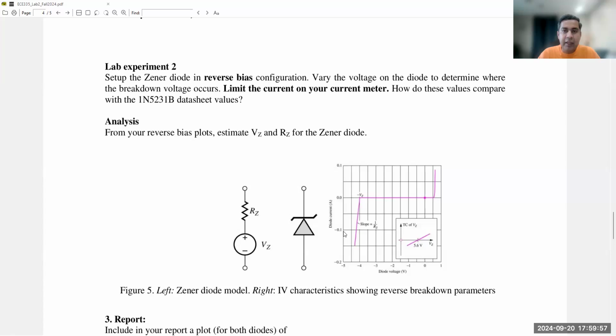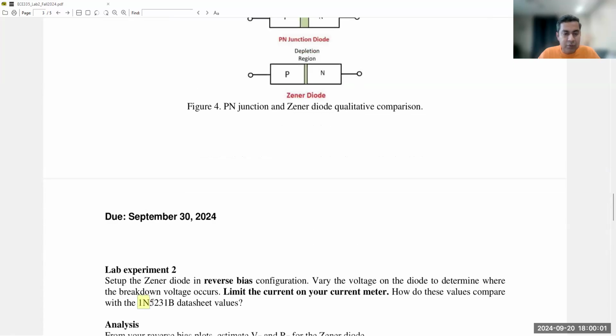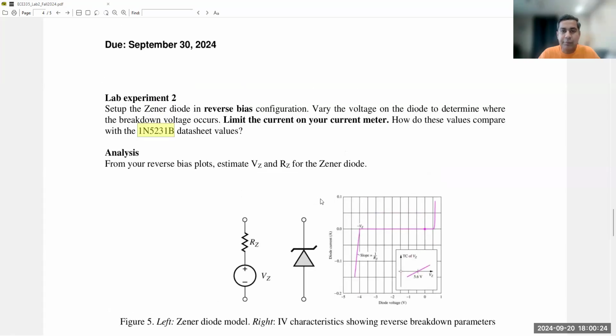The other device is labeled as 1N5231B, so it will have a different type of characteristics when it breaks down. We are going to experiment with this diode in the breakdown or reverse bias condition, where we need to find the values of RZ and VZ, the breakdown voltage and the Zener resistance of this diode.